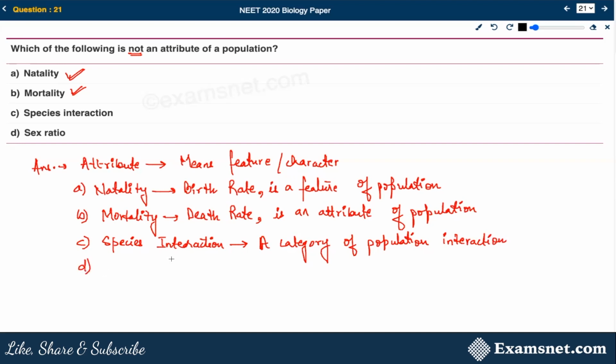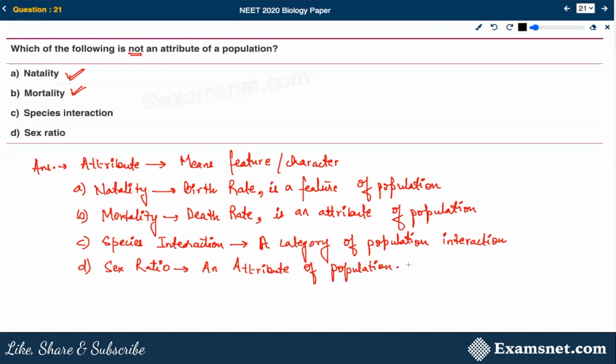And the D option says sex ratio. So sex ratio is an attribute of population. Clear?